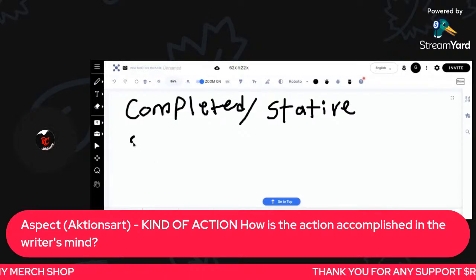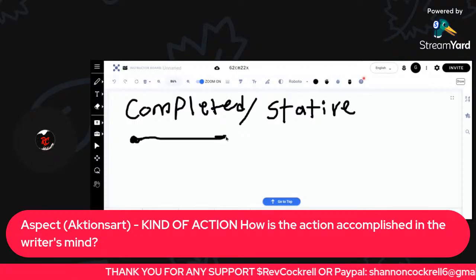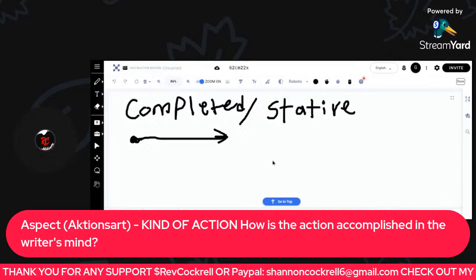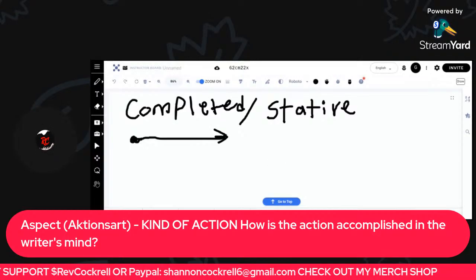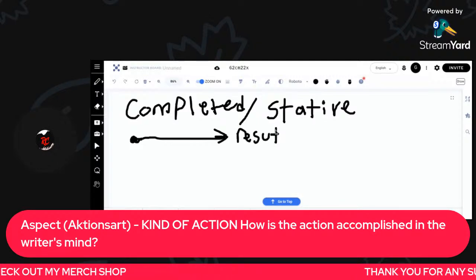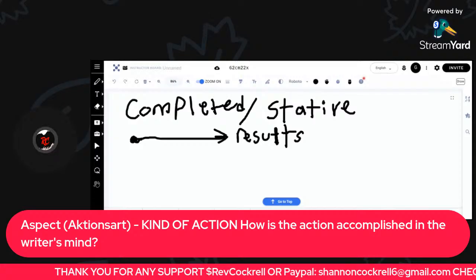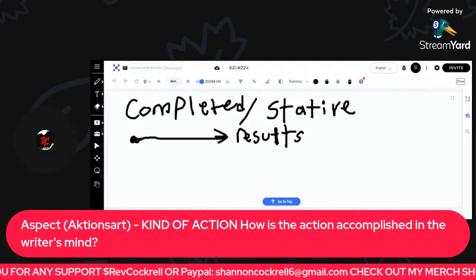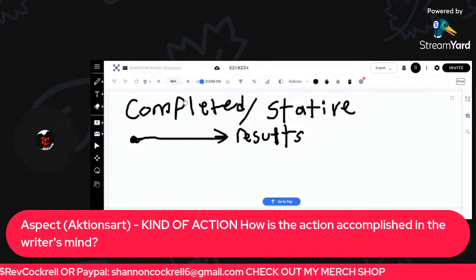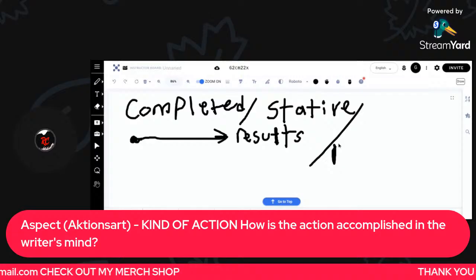It happened, but there is continuous ongoing action. It's a state. There's results that are still in effect. Completed or stative action. This is usually your perfect tense.